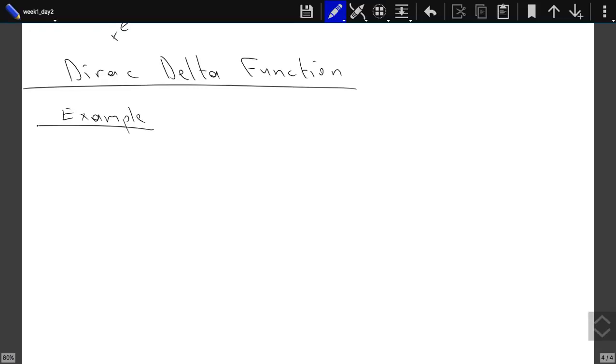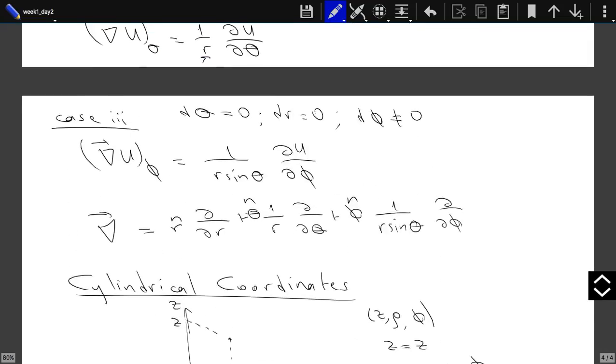You remember the potential of a point charge is just proportional to 1 over r. It's a scalar function. Let's just calculate its gradient. Gradient of 1 over r. Well, this is a vector, and since we had already derived the gradient in spherical coordinates, let's use that expression.